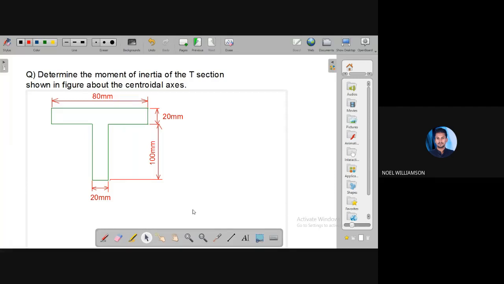So, first of all, we have to section it. I'm sectioning like this and numbering 1, 2, and I'm defining an axis like this.